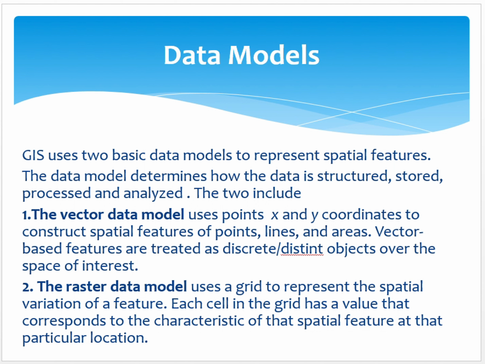In the vector data model, you use X and Y coordinates to explain something, where you create something that looks like a graph. Anything you're explaining falls under points in the X and Y coordinates, or lines, or an area you've highlighted.